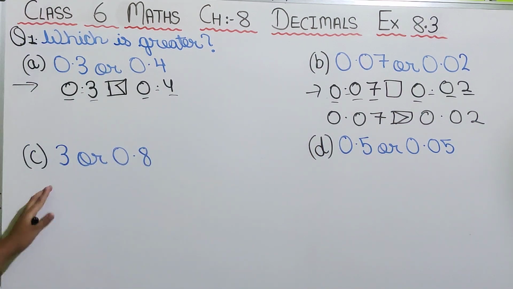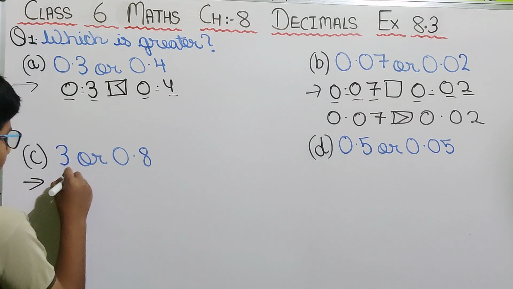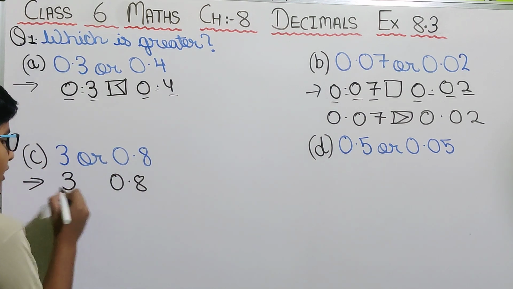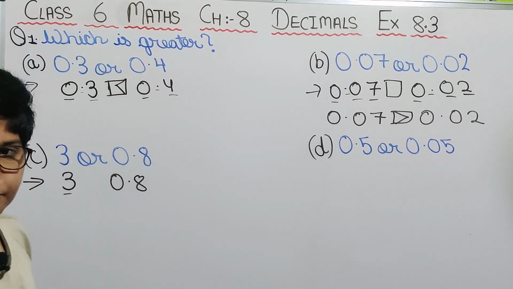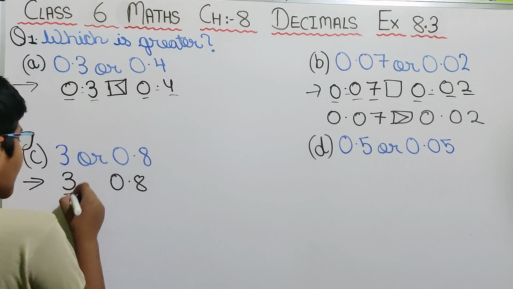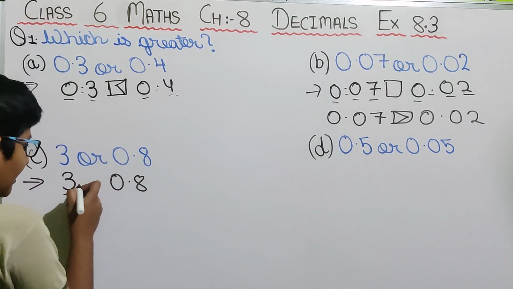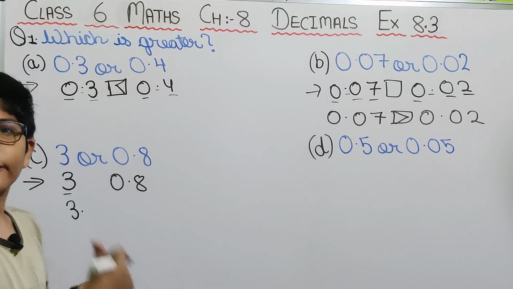So now let's move to C: 3 and 0.8. At the first number only we understand that 3 is bigger, because here it is 0. But first we write it like 3.0. Here there is a point, here there is no point, and after the point one number is given, so we have to put that one number also.